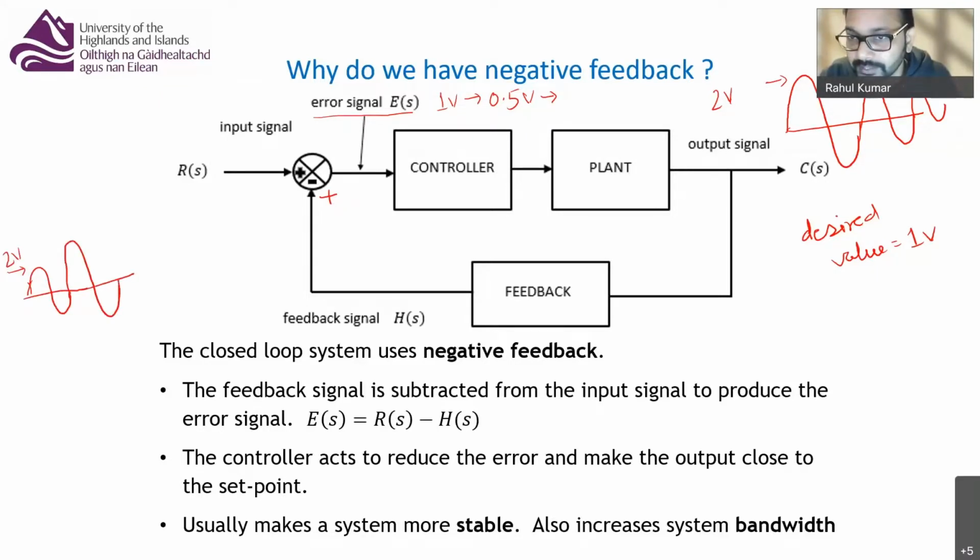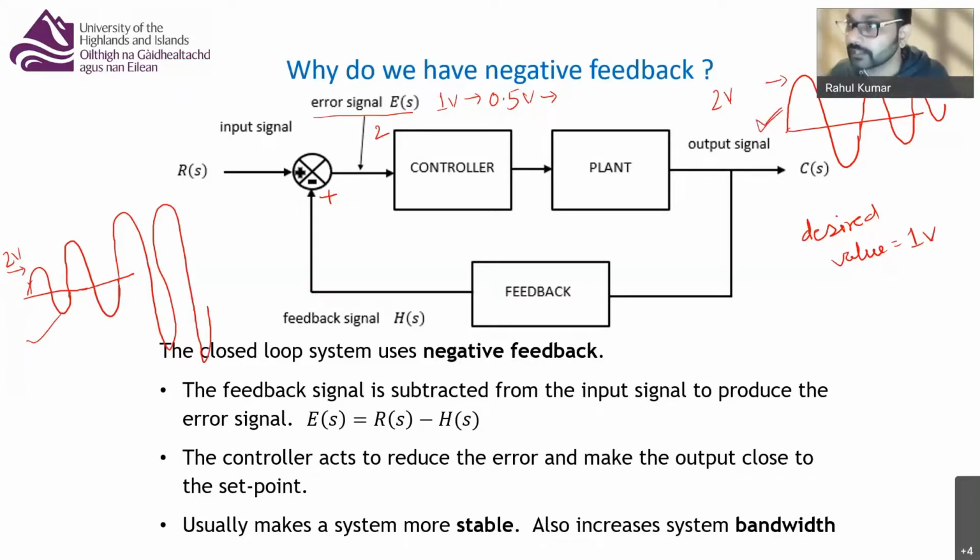So this error will be 2 volts, and then you are making a change, but your error, instead of reducing, will keep on increasing, more and more. If you have a positive feedback, your error will increase, whereas if you have a negative feedback, your error will reduce.